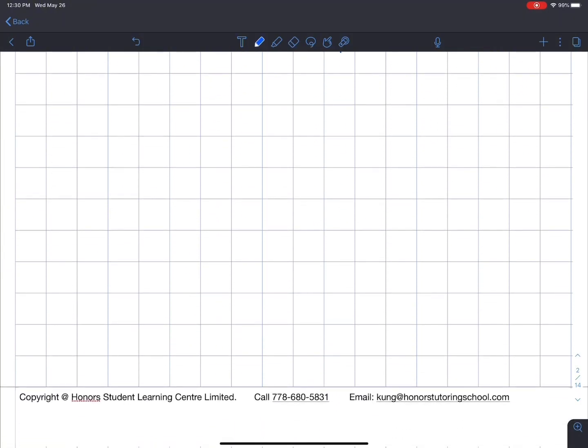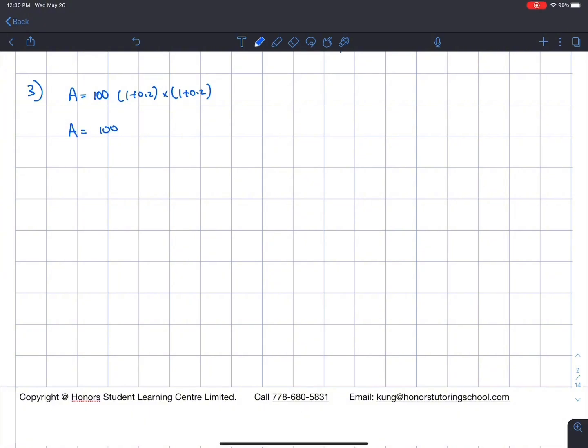Question 3. What combined percentage increase is the same as a 20% increase, then another 20% increase? Same idea, the beginning value will be 100. The first 20% increase, so times 1 plus 0.2, and the second 20% increase, so we times it by 1 plus 0.2 again.